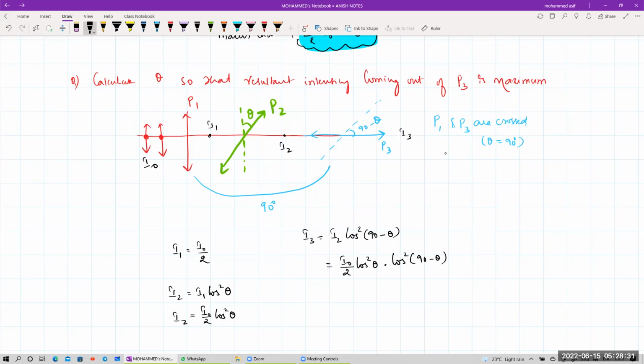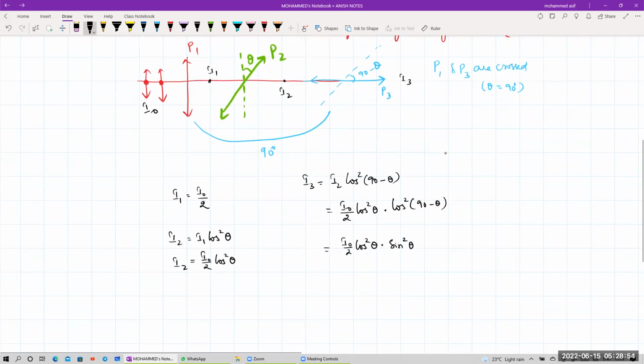Can I write like this? Cos 90 minus theta is equal to sin theta. So I0 by 2 into cos square theta into sin square theta. Cos square 90 minus theta is nothing but sin square theta.